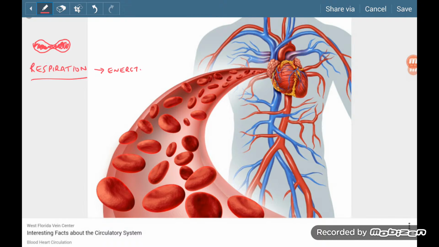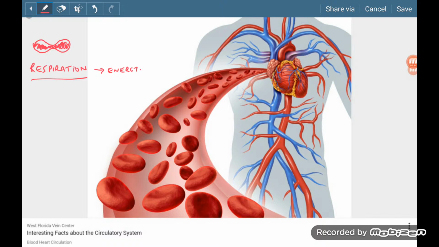And everything that happens in your cells, in your body, requires energy. And so it is the oxygen and glucose in respiration, the breakdown of glucose using oxygen in the mitochondria in the cells, which gives the energy for life to exist.